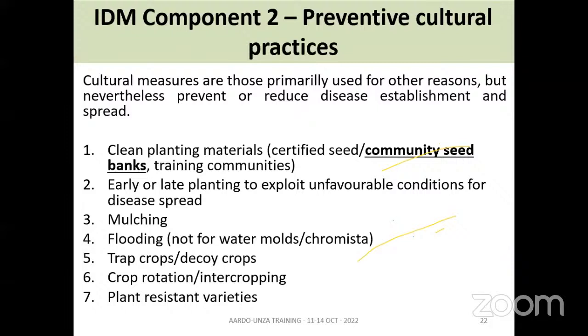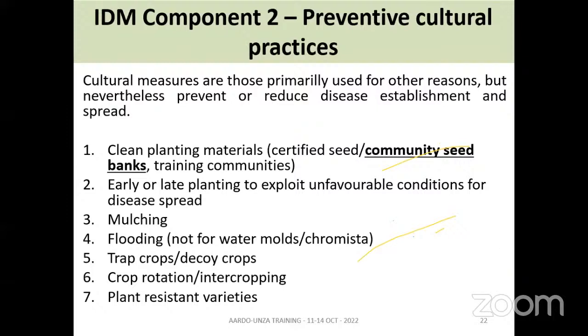They'll tell you this is a virus, or this is a fungus, or this is a bacteria. However, there are also other symptoms, like I gave an example of wilt, where you will not know whether this is a fungus or a bacteria, or just a blight. You might not know what has caused it. So if you have someone who understands symptoms, basic training on symptoms will help in disease diagnosis.